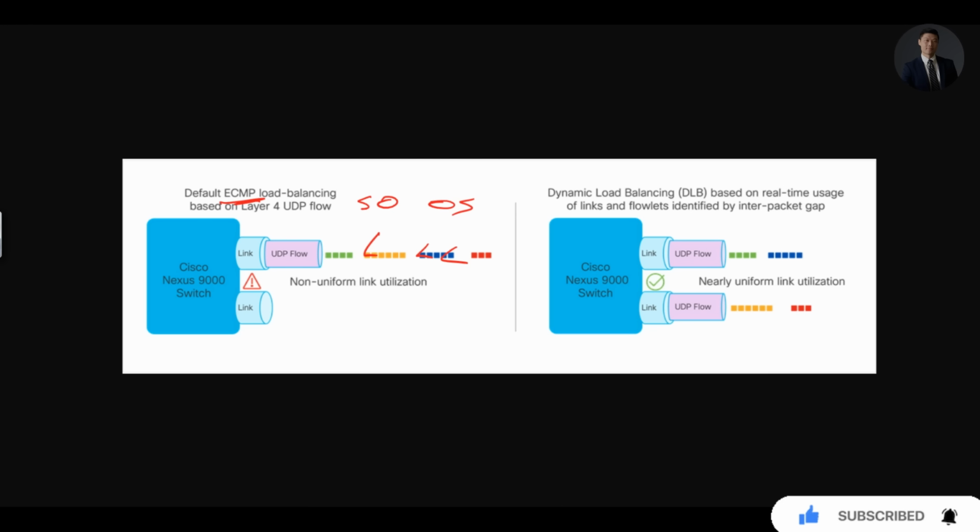We have a few unique flows because protocols like RoCE v2 use UDP with fixed ports, reducing the hash diversity.